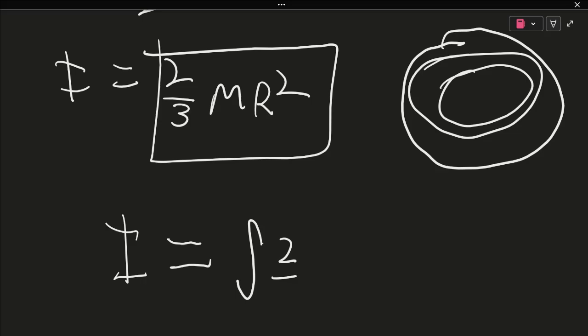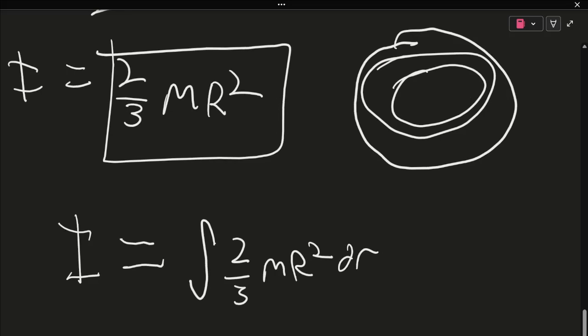So it's actually going to be 2/3 mass times radius squared dr, from 0 to a constant, whatever your solid sphere's radius is going to be, because you're adding up all of the small spherical shell moments of inertia. So that's what we're going to do going forward, and especially in some application problems.